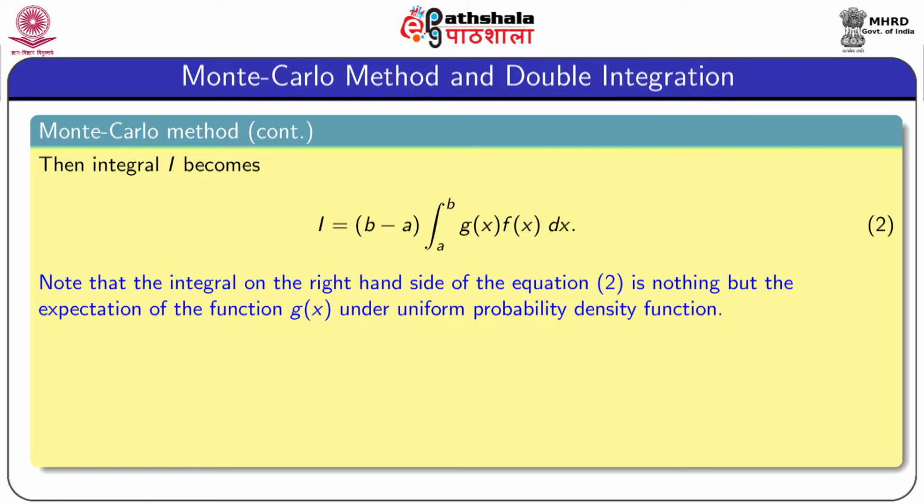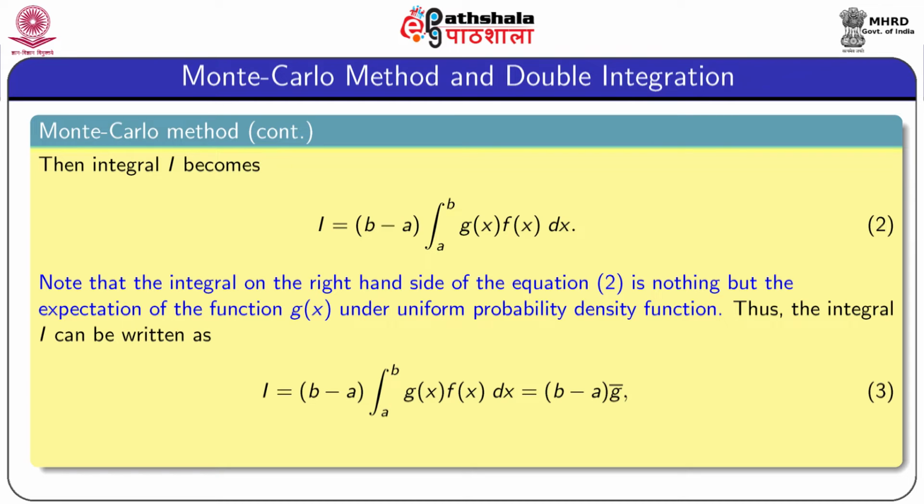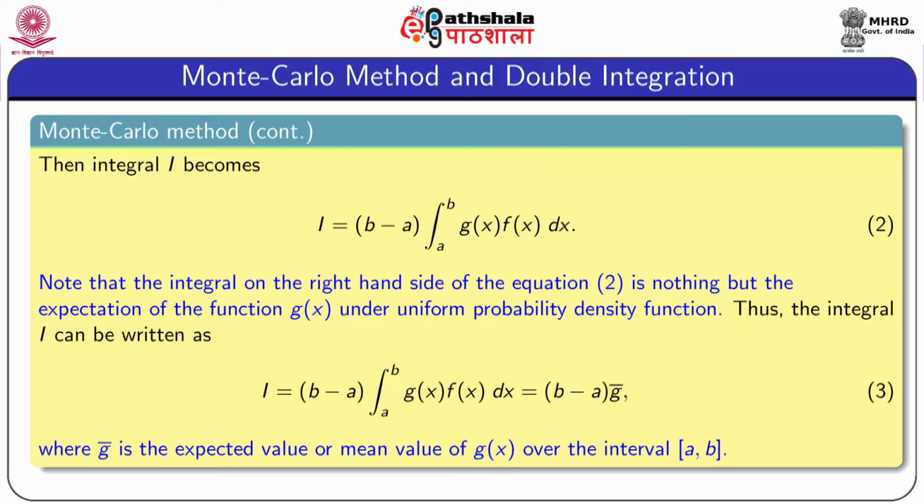Expectation means the mean value of the function. Thus, the integral I can also be written as I equal to (b minus a) into integration a to b g(x) f(x) dx, equal to (b minus a) into g bar. G bar represents the expectation or mean value of g(x) over the interval [a, b] for the rectangular probability density function f(x).